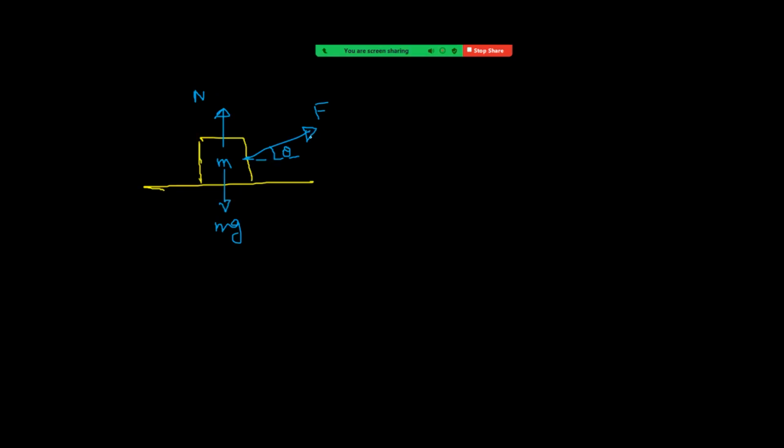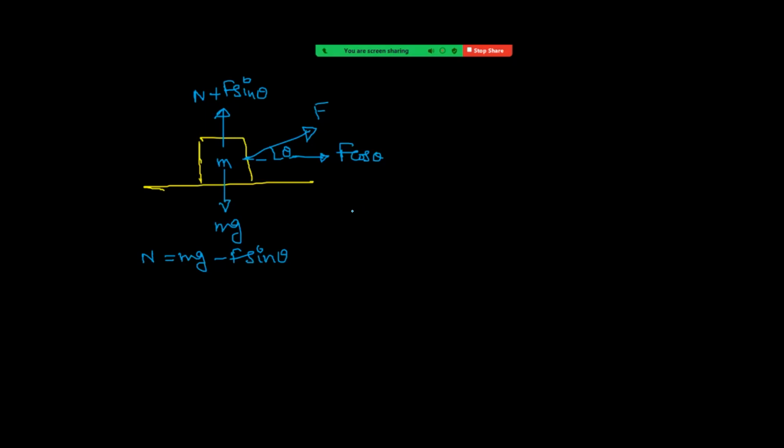Now take components of this applied force. This is F cos theta. This is F sin theta. If you observe carefully, along the vertical there is no motion. Therefore, normal reaction will be equal to mg minus F sin theta.